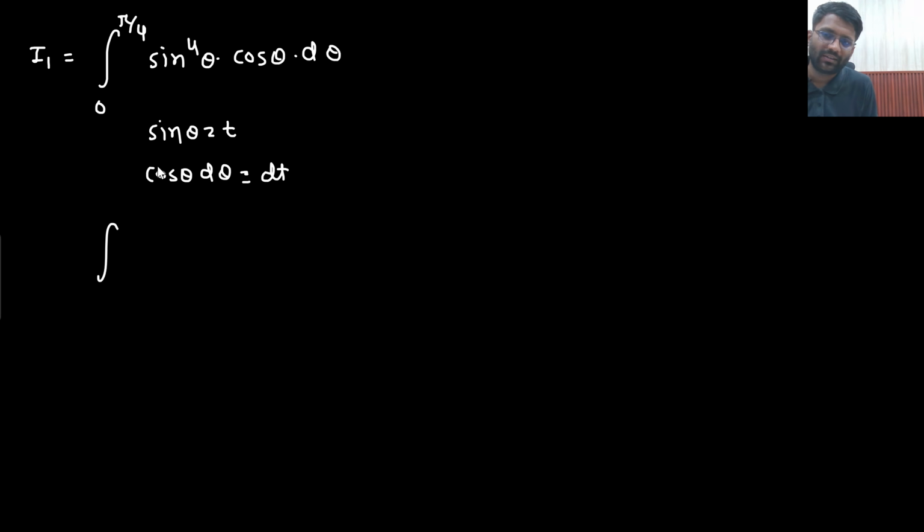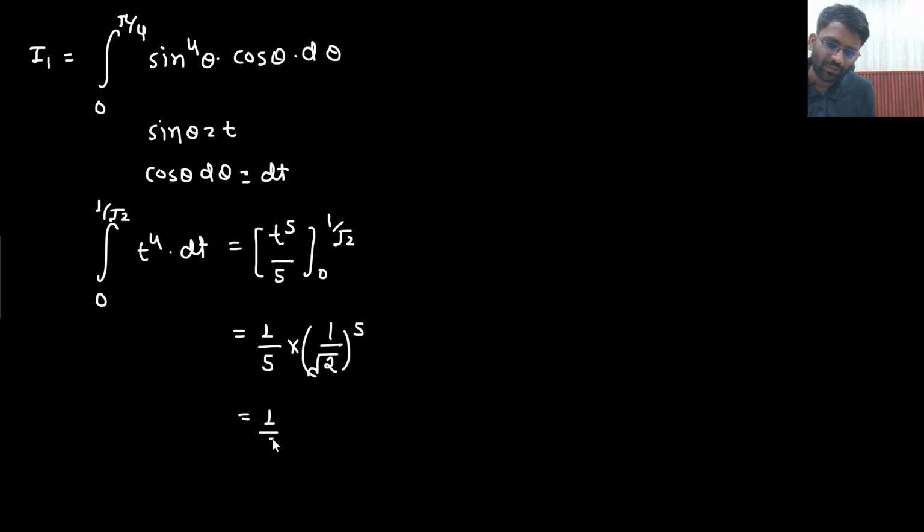What about the limit? When theta is 0, this will be 0 only. When theta is pi by 4, the limit will be 1 by under root 2. So this will become t to the power 4 dt. So the answer will be t to the power 5 divided by 5, integral going from 0 to 1 by under root 2. So this will become 1 by 5 outside, times 1 by under root 2 to the power 5.